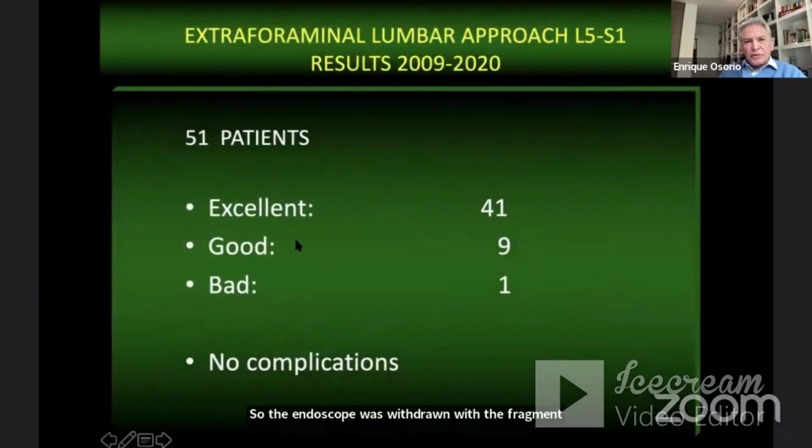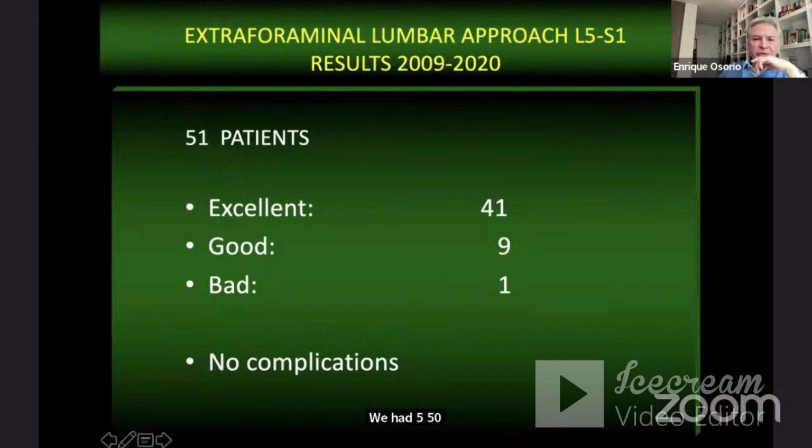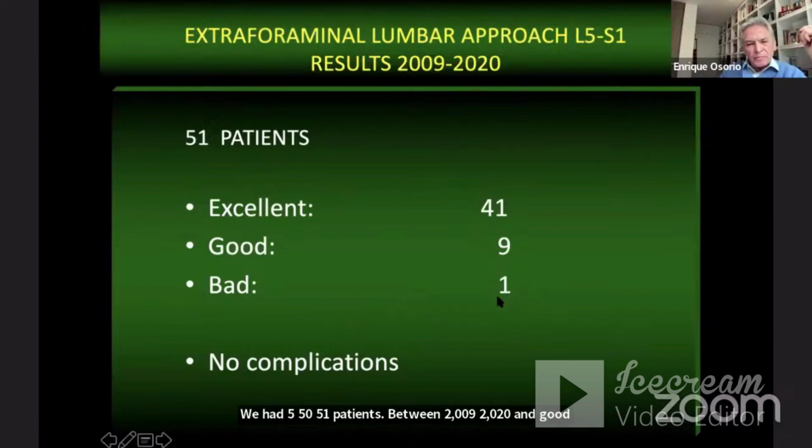Okay, the results for the extraforaminal approach are excellent in 41 of these patients. We had 51 patients between 2009 and 2020, and good results in 9 of the patients, but in 1 patient, no complications.